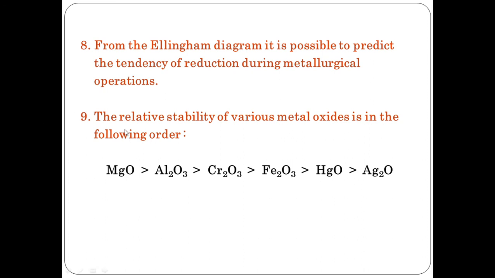The relative stability of various metal oxides is in the following order: magnesium oxide is greater than aluminum oxide, greater than chromium oxide, greater than iron oxide, greater than mercuric oxide, and finally silver oxide.